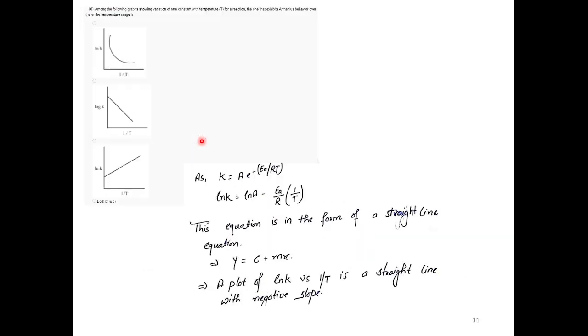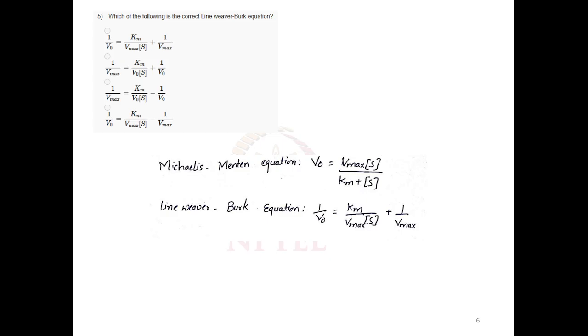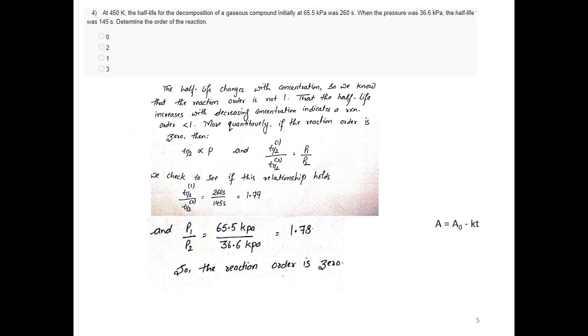So in most of the questions you can find the value of the order of the reactions, and what is the relation between Vmax, velocity, as well as the substrate concentration for enzymatic reactions, or determine the order of the reaction.